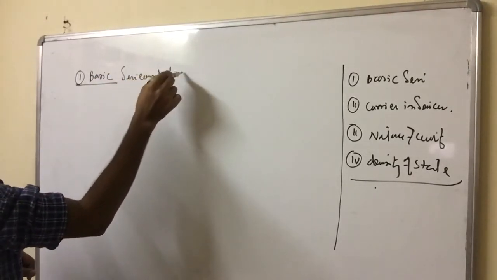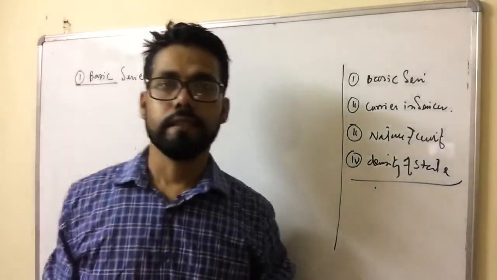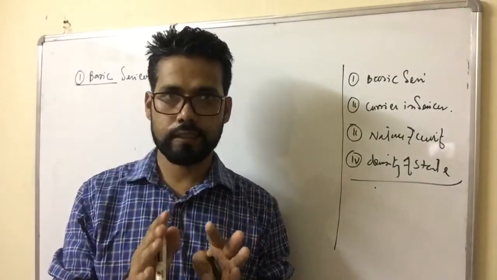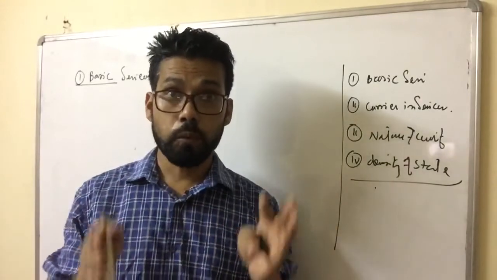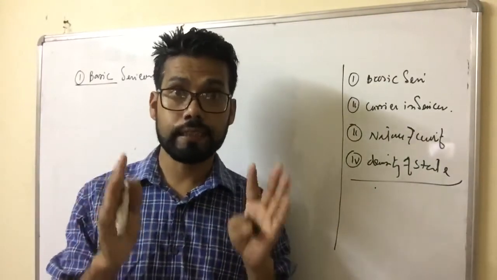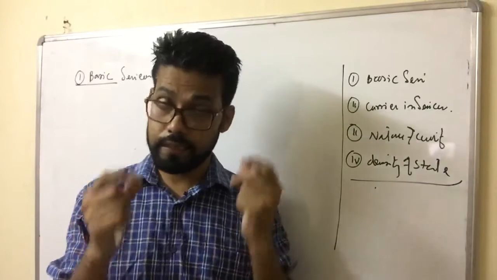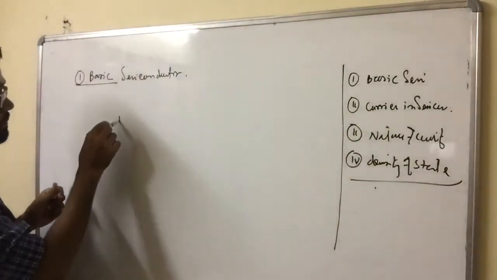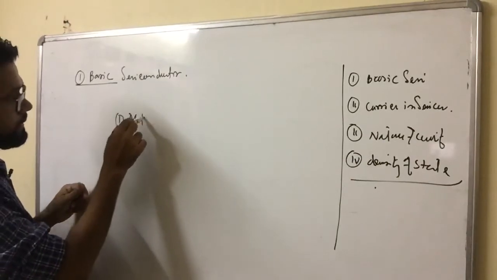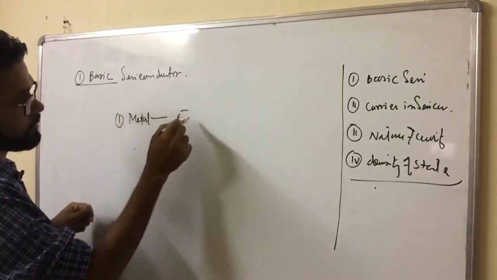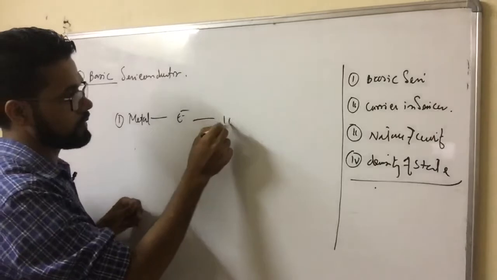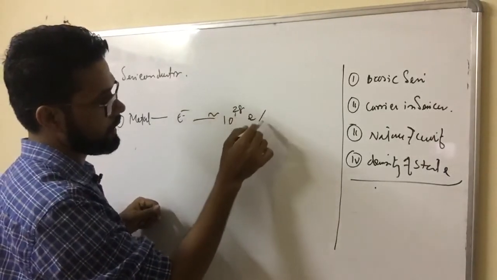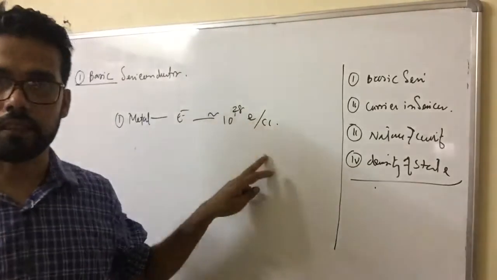Why is it called that? Since we are going to discuss the electrical phenomenon, we mostly focus on the free electron available in a solid crystal. In metal, the electron concentration is approximately 10 to the power 28 electron per cubic meter.